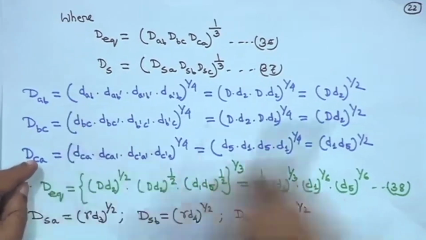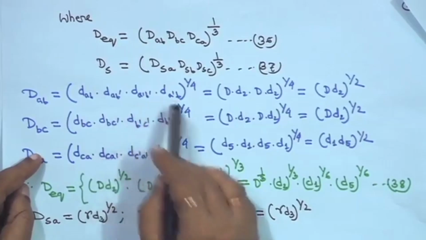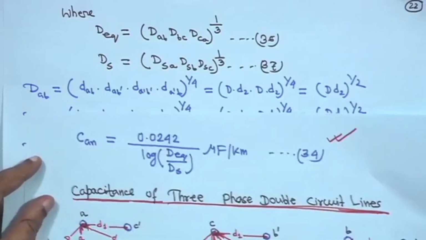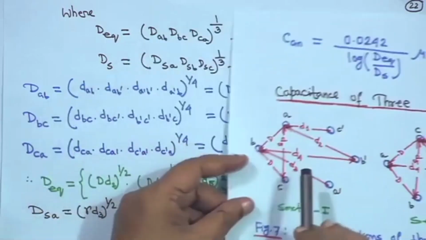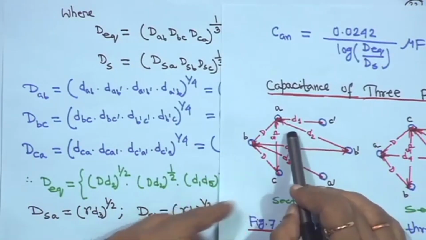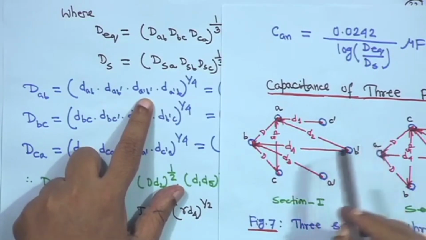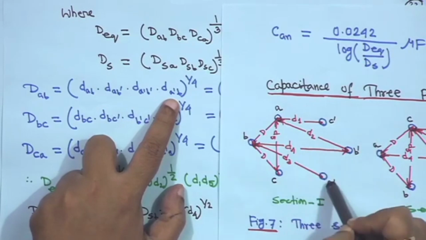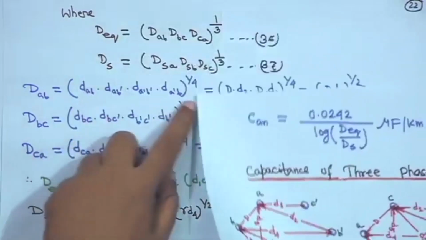Now, DAB is the product DAB, DAB dash, DA dash B dash, DA dash B, to the power 1/4, because 4 distances are there.